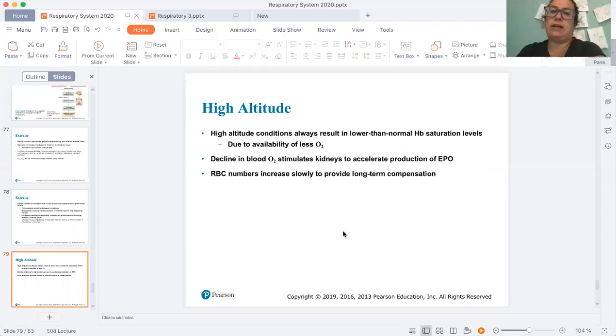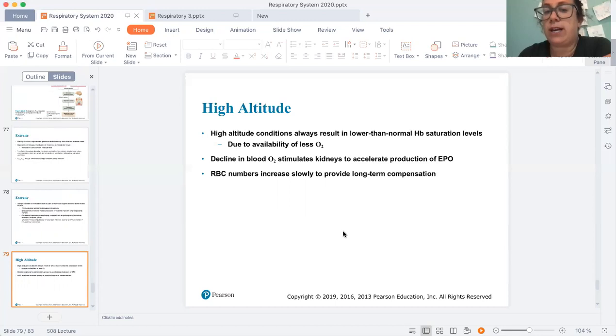And as I said, high altitude actually results in a lower than normal hemoglobin saturation level. Remember back in the blood, I said that sometimes athletes like to train at higher altitudes.